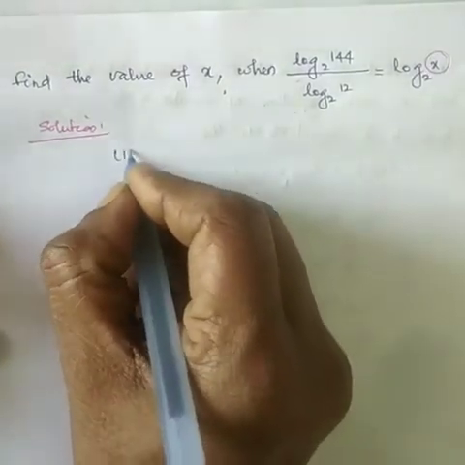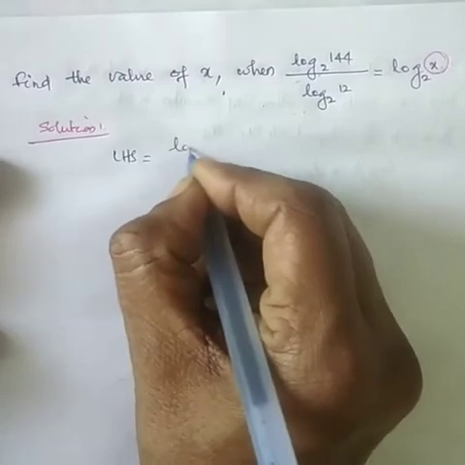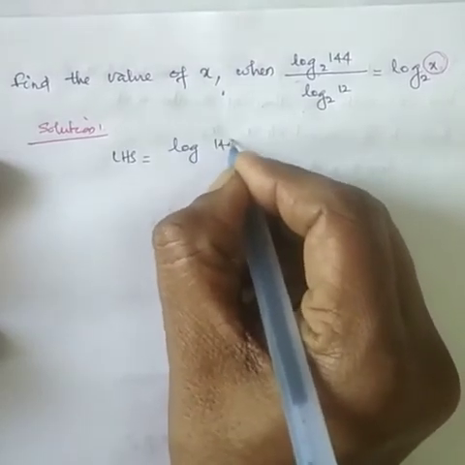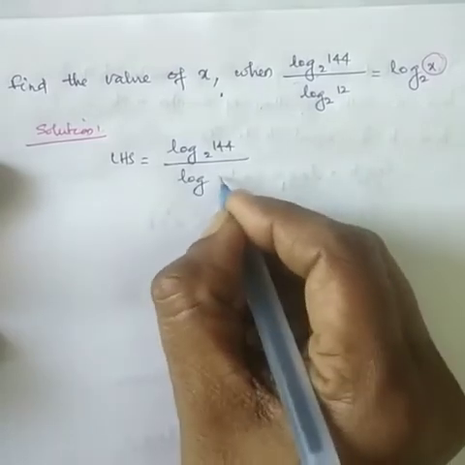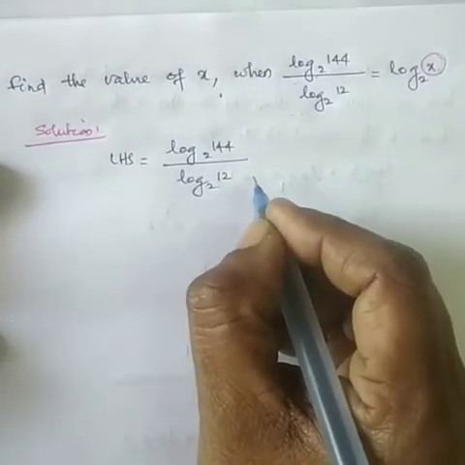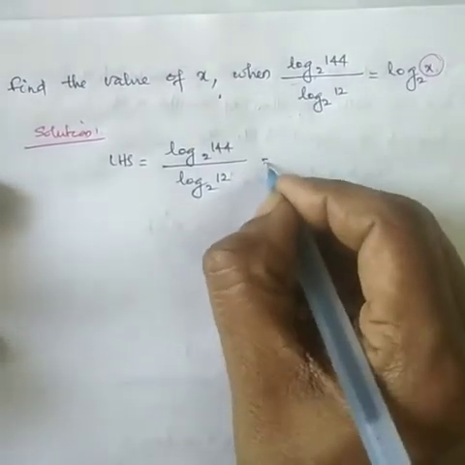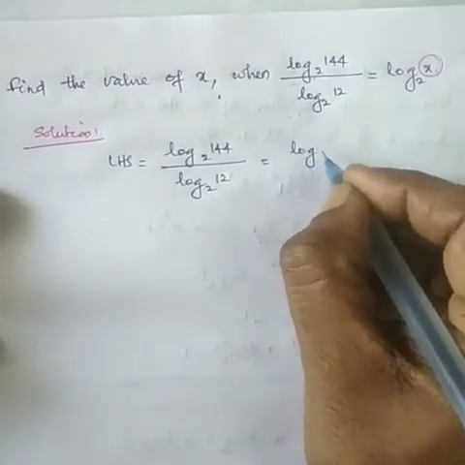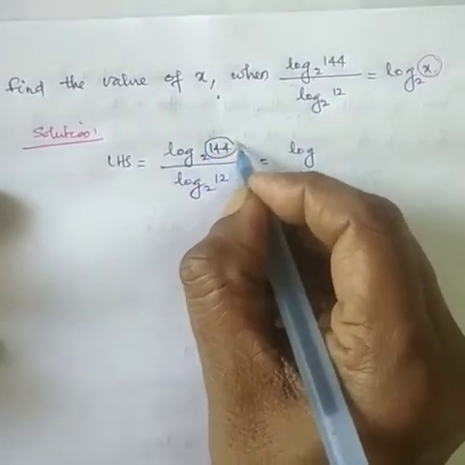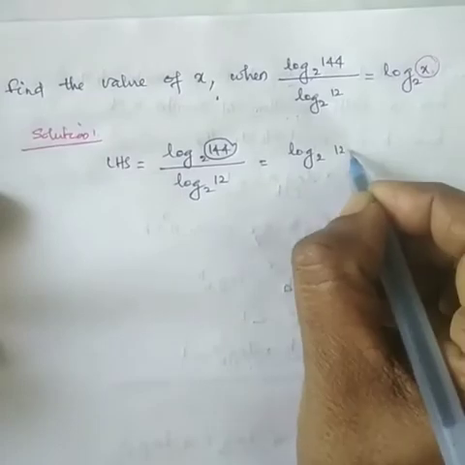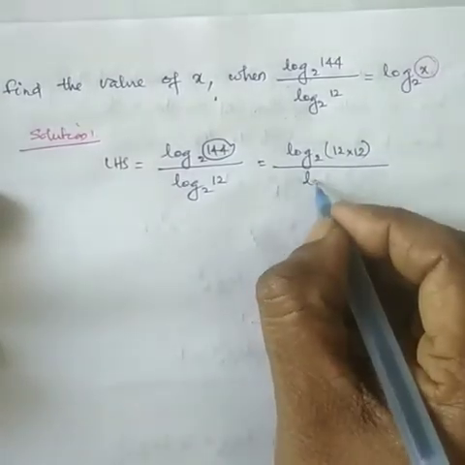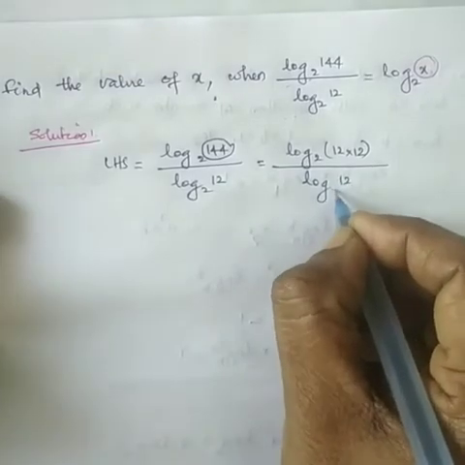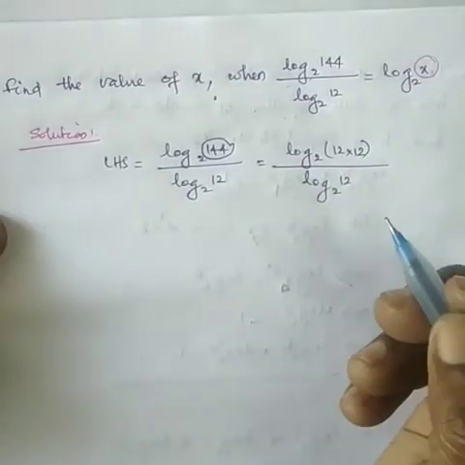First you take the LHS. LHS is log 144 to the base 2 divided by log 12 to the base 2. Okay. And 144 can be written as 12 into 12. 12 into 12 is 144, divided by log 12 to the base 2. Okay.